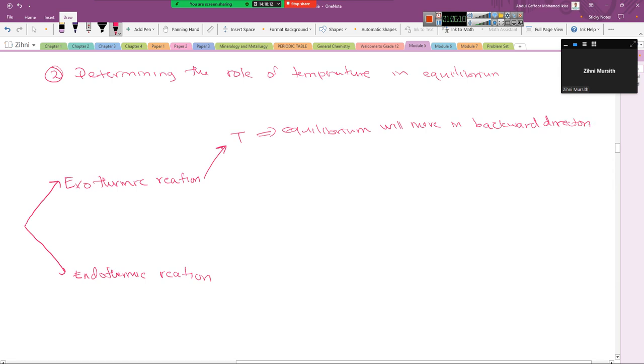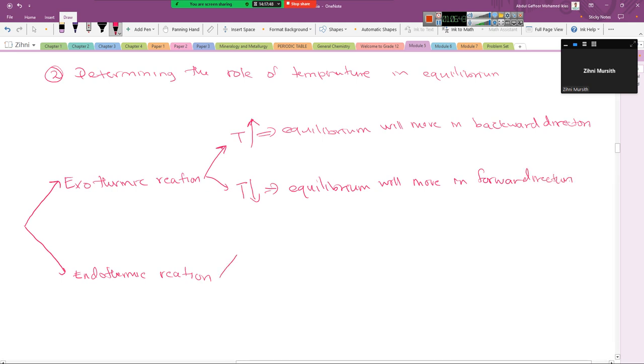And if the temperature is decreased, the equilibrium will move in the forward direction, right?